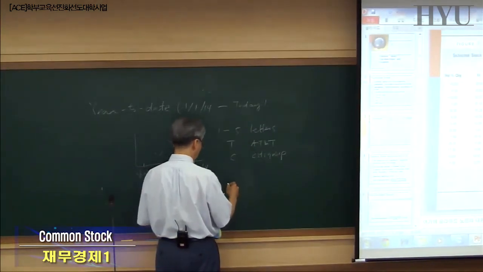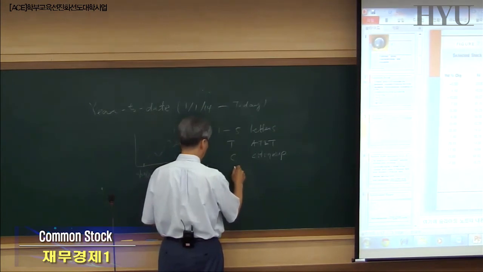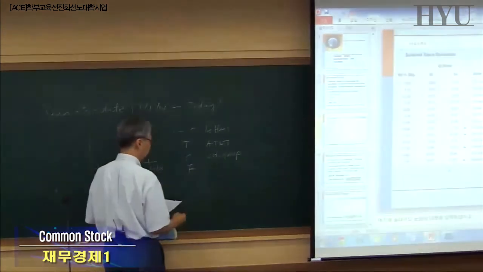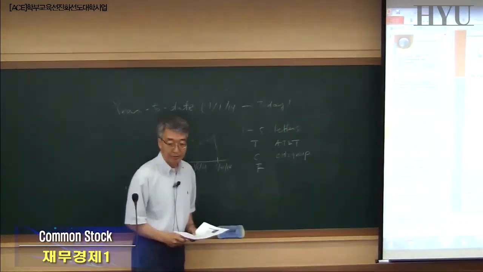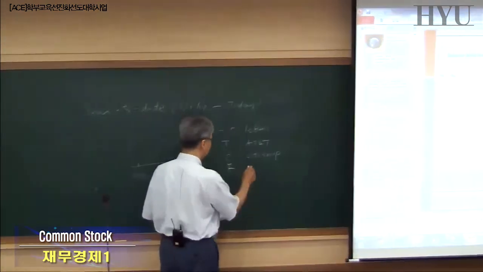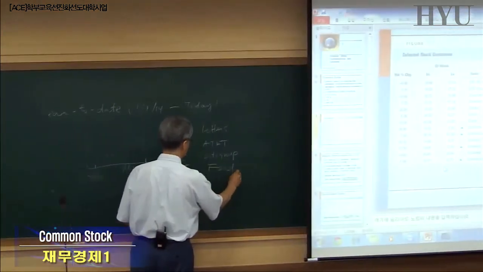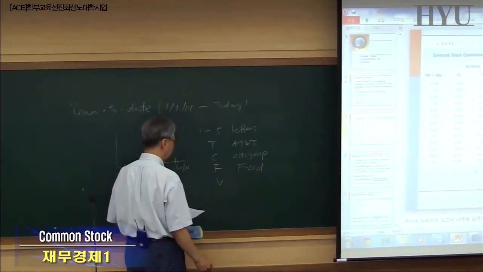Okay, I guess there's Citibank in Korea, right? Okay. F stands for which company? I think some of you did the project on this. Ford, yes, right? Ford Corporation. Okay. V, anybody?